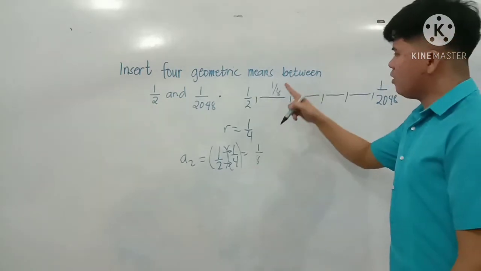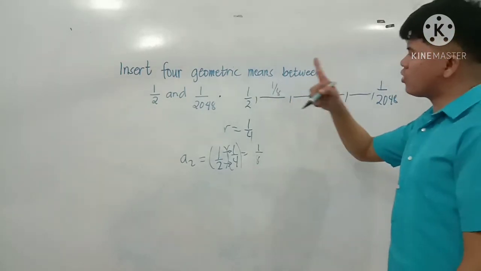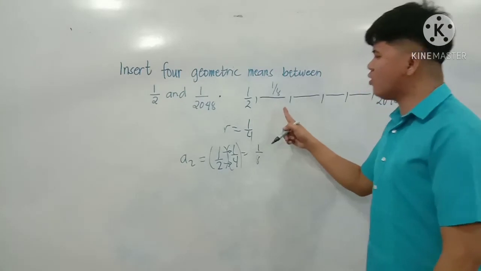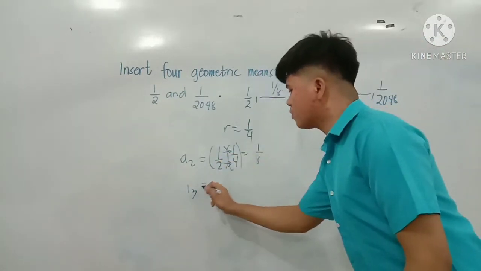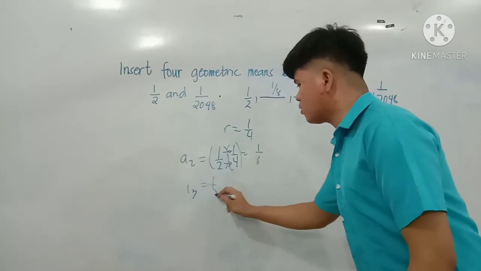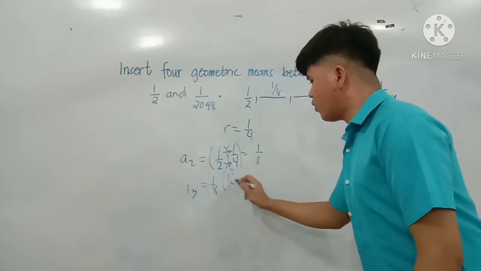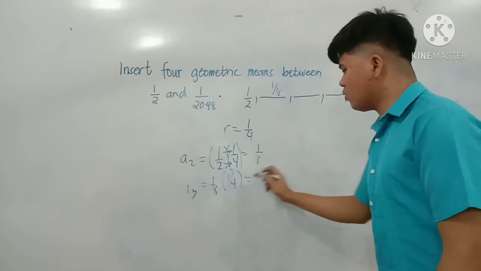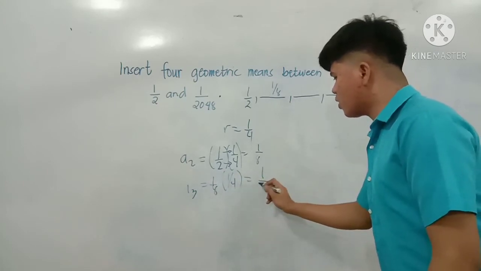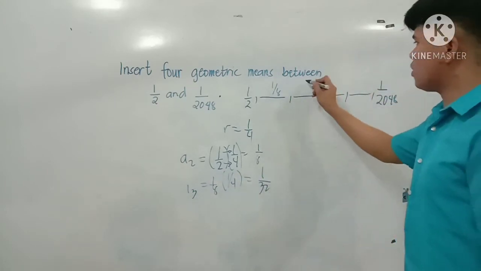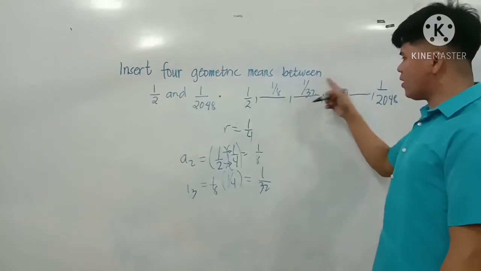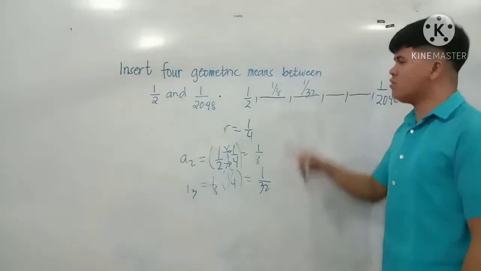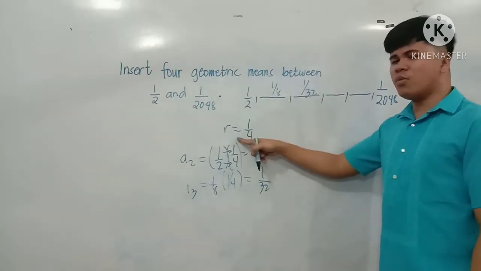Then, our value for the second term, we have to multiply this also by 1/4 in order to obtain the next term. So, for a sub 3, we have here 1/8 times 1/4. So 1 times 1 will give us 1, 8 times 4 will give us 32. So our a sub 3 is 1/32. Then, to find the next term, we simply again multiply this value by the common ratio 1/4.